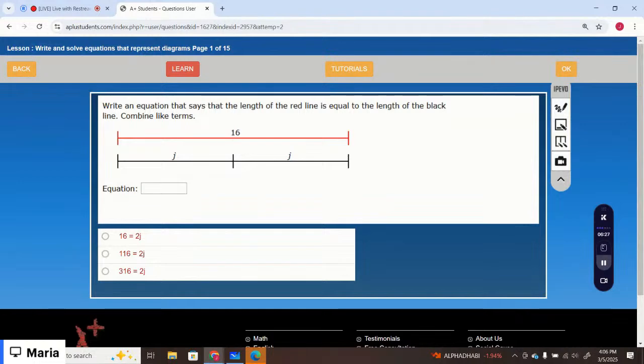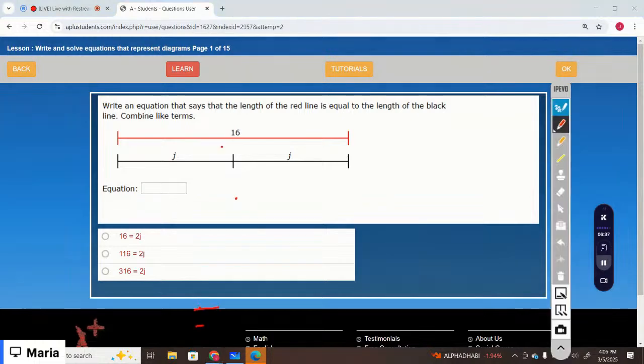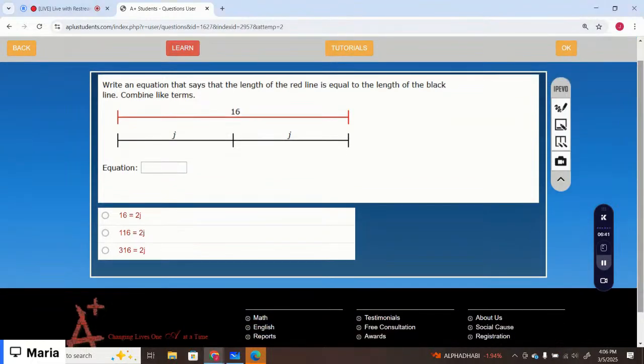Let's just start with the test questions. Write an equation that says the length of the red line is equal to the length of the black line. Combine like terms.